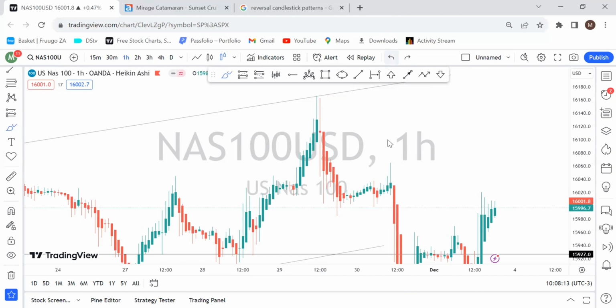And the second clue is that it has no wick at the opening, so it just opened and sold immediately, which shows you momentum, strength to the downside. And then the second candlestick in the 1 hour time frame did the same thing. It just opened and sold.